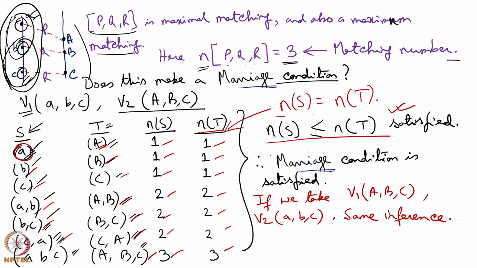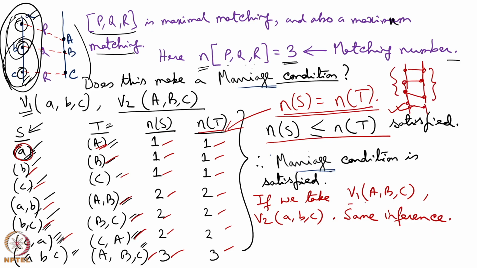NS equal to NT will arise whenever we have a geological correlation of this sort, whatever be the number of vertices. All vertices here are linked with all vertices there, and whatever be the number of vertices, we get the NS equal to NT condition. So, marriage condition is satisfied.